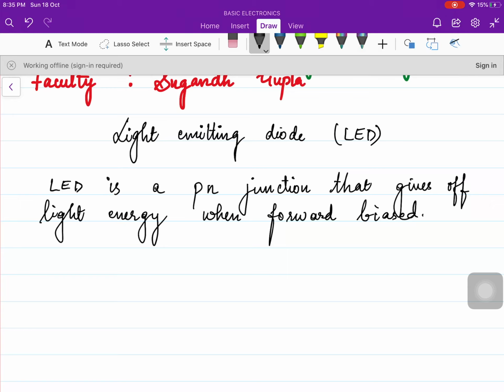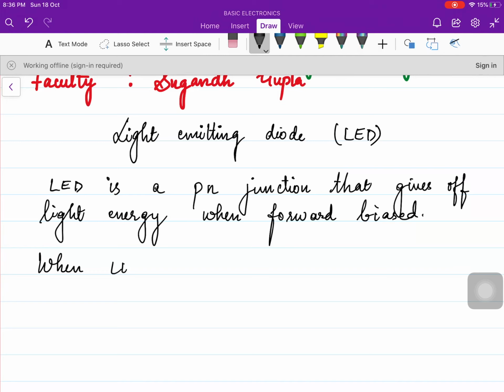And we have also read when we learned the PN junction diode that whenever recombination takes place, energy will be given off. That means energy will be released either in the form of heat or in the form of light. In the case of LED, this energy will always be released in the form of light.